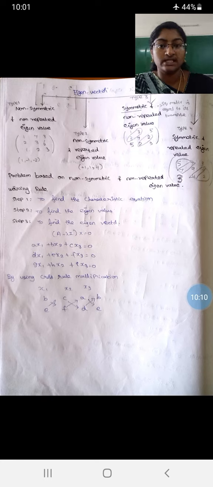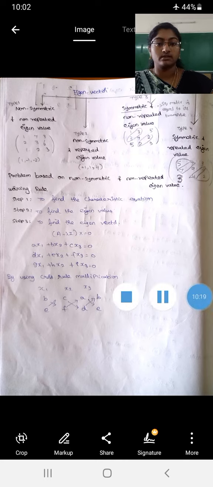Step 2, we have to find the eigenvalues. Using synthetic division we will find the roots, which are the eigenvalues. Next we have to find the eigenvector using the formula A minus lambda I into x equal to 0. Then we will form the equations.